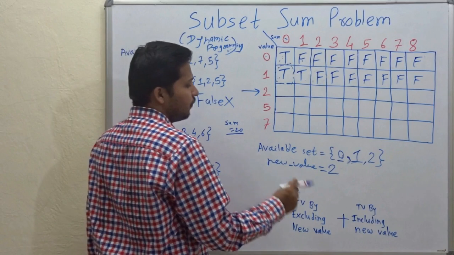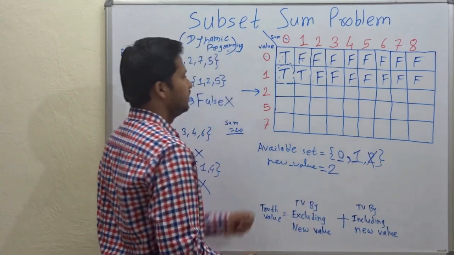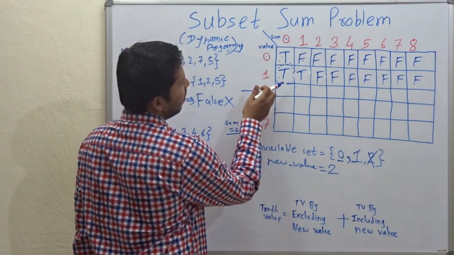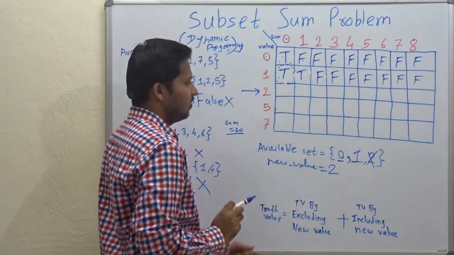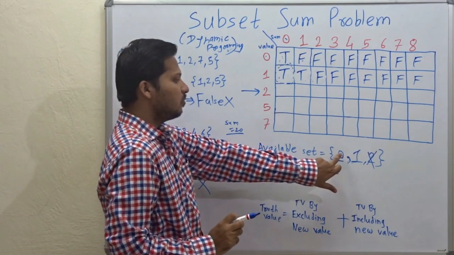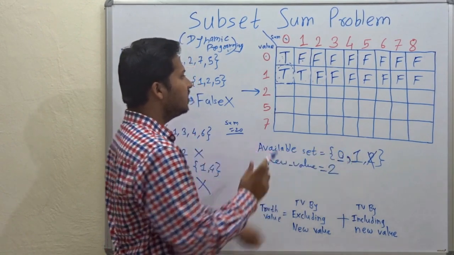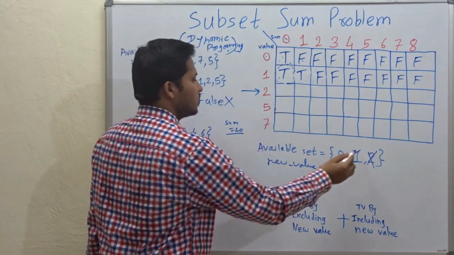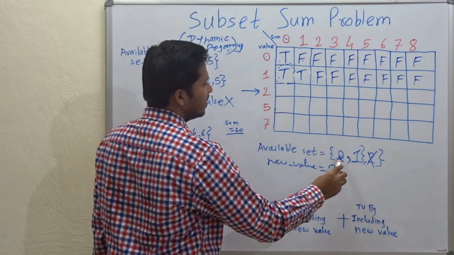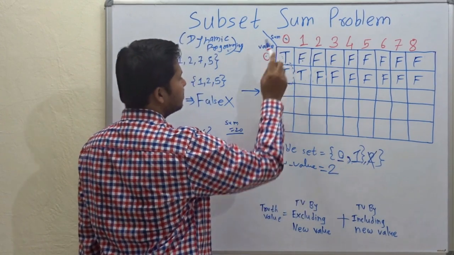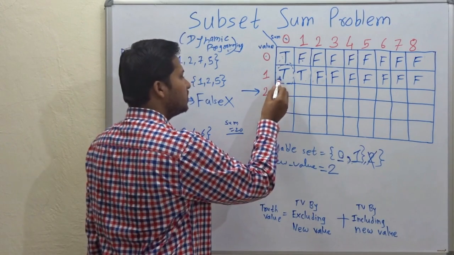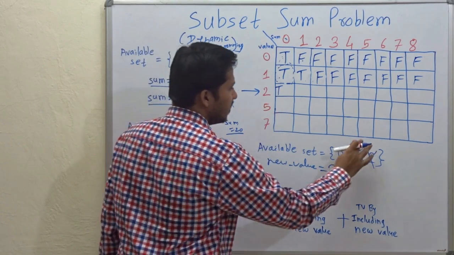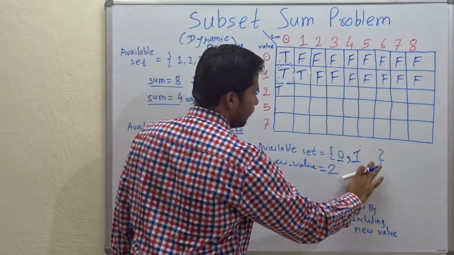Okay, so first exclude this new value. So when we exclude the new value, the answer is already calculated in the upper cell, because we want to see by using 0 and 1 whether you can form 0 or not. If you exclude 2, so that is the condition, that whether by using 0 1 you can form 0 or not. That value is already calculated in the upper cell, so you directly take that value, then include the new value.